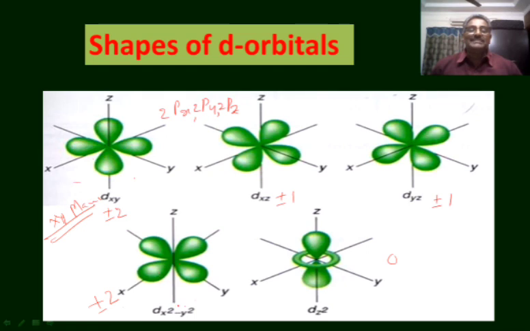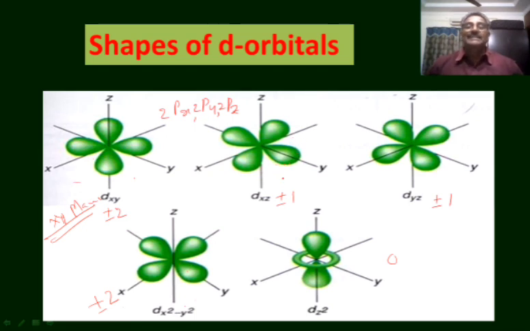Whereas in the dx square minus y square orbital, the lobes are along the x-axis and y-axis. Here, in dxy, the lobes are in between the x-axis and y-axis. That is the difference between the dxy orbital and the dx square minus y square orbital.